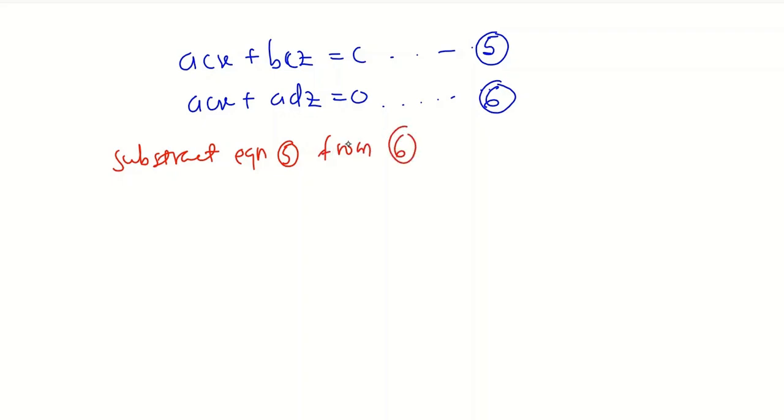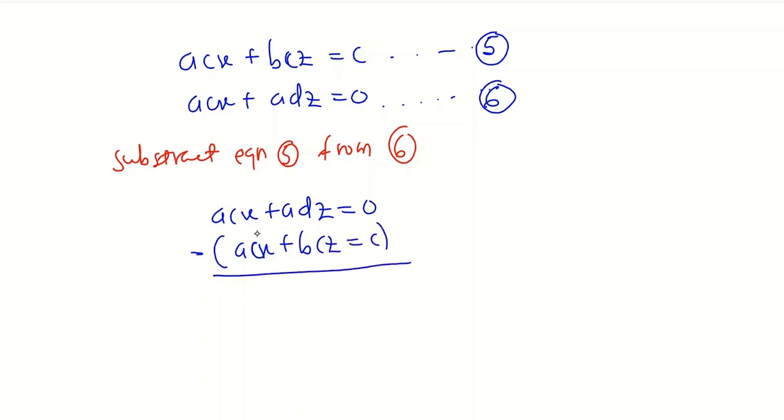We have ACX plus ADZ is equal to 0, and minus ACX plus BCZ is equal to C. ACX minus ACX gives us 0, and at this point we have ADZ minus BCZ is equal to minus C.